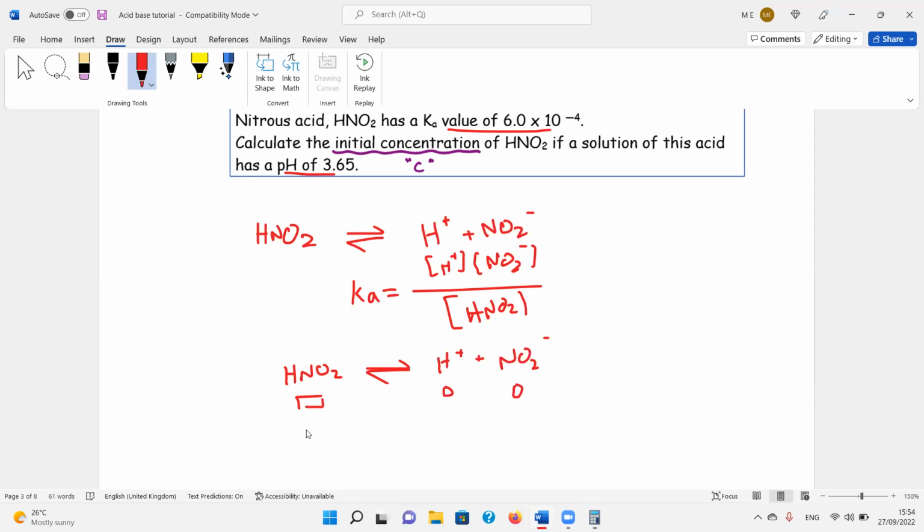Then the change is minus X, plus X and plus X. And here is the initial concentration minus X. And here 0 plus X is plus X. And 0 plus X is plus X. Fine.